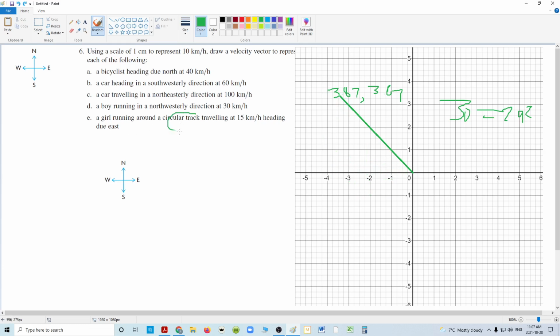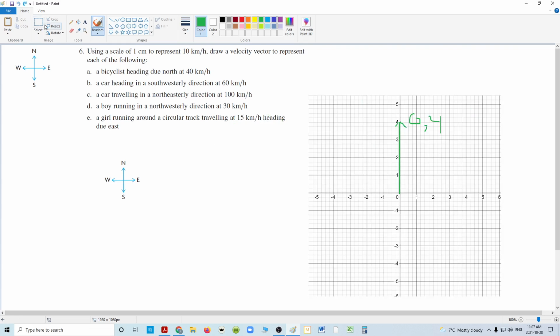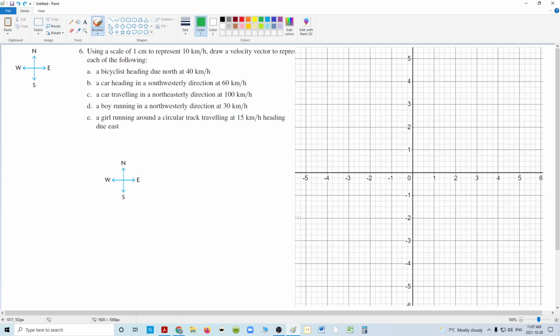And finally, a girl running around a circular track, traveling at 15 kilometers heading due east. Okay, so here's a circular track. Put it in the middle.